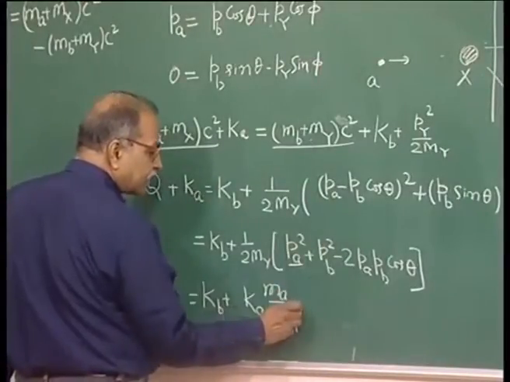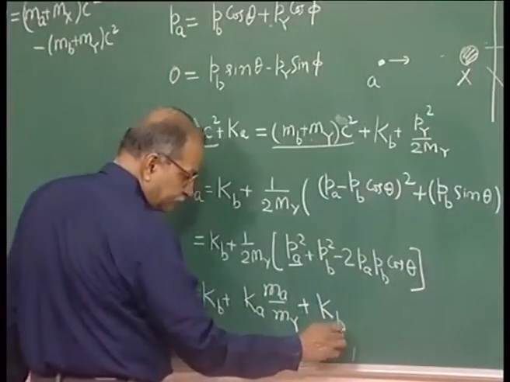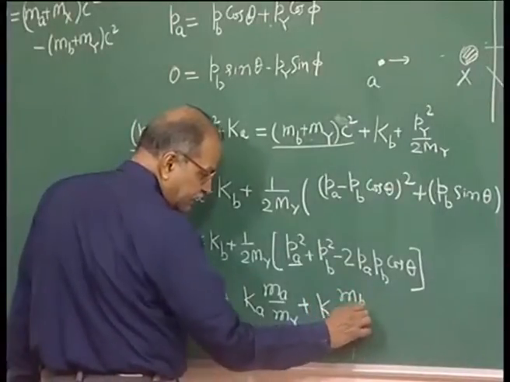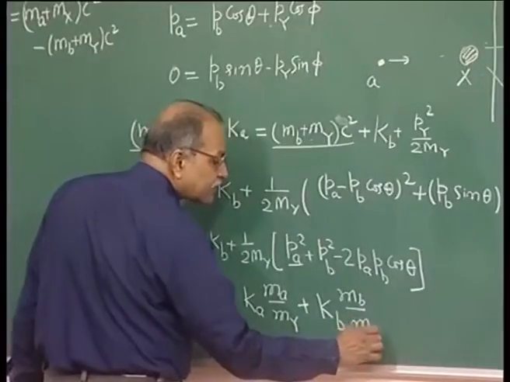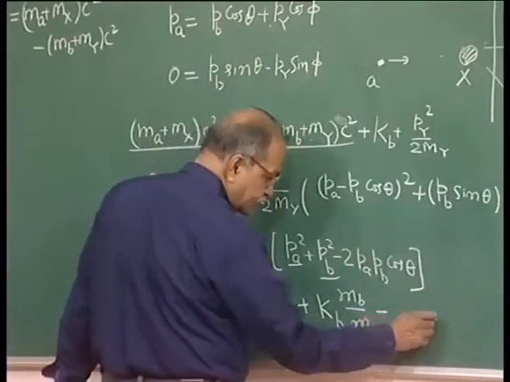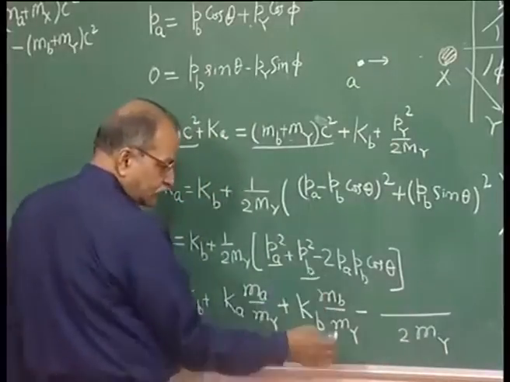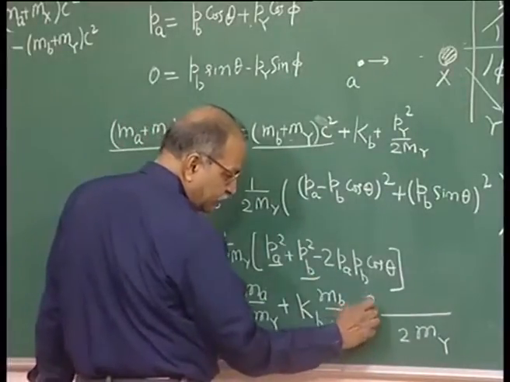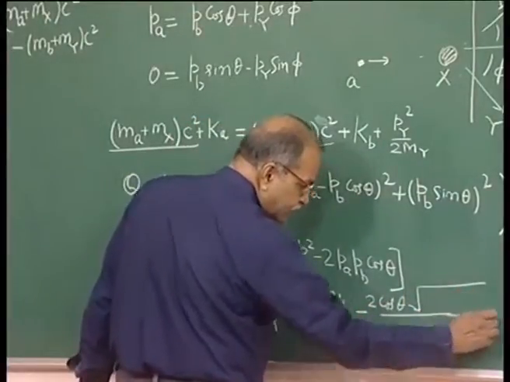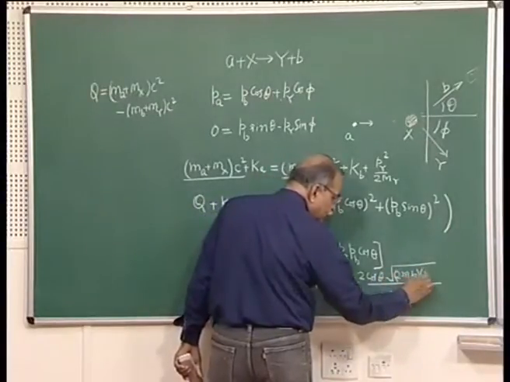Similarly, this Pb square you can write Pb square divided by 2my, this will be Kb, and then you will have mass of B divided by mass of this capital Y. So, this is this, and here it is minus, and let me write this 2my so that I do not forget, and 2 minus 2 times cos theta and Pa Pb, which you can write as square root of 2ma Ka and 2mb Kb.